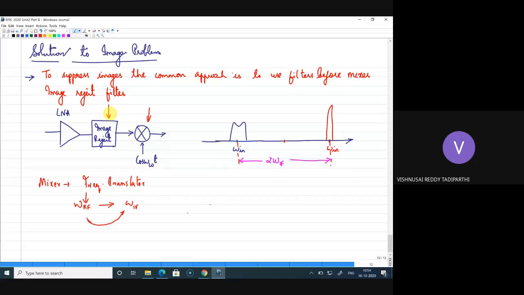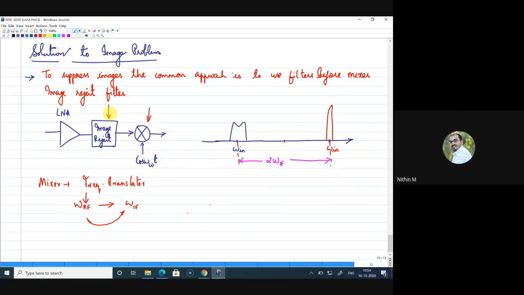Sir, I had a question regarding this. If we're doing LSI, then we need to reject the image on one side of the local oscillator frequency, and if we're doing HSI, on the other side. How would the image reject filter know which side it is? That depends on the frequency. When you say left or right, there is a band, and we are designing a filter with a center frequency and a band of interest.